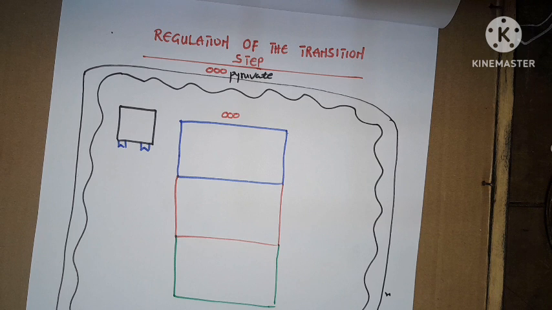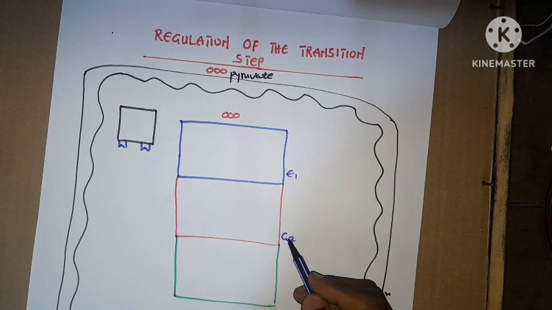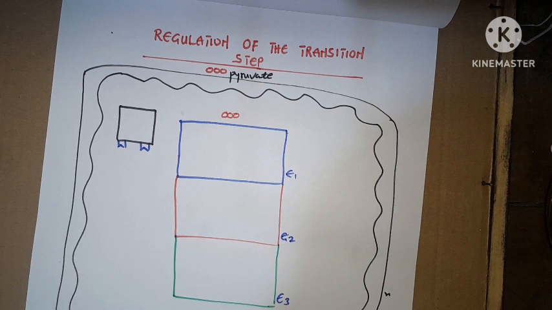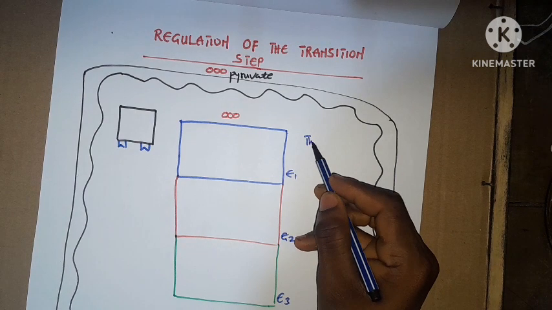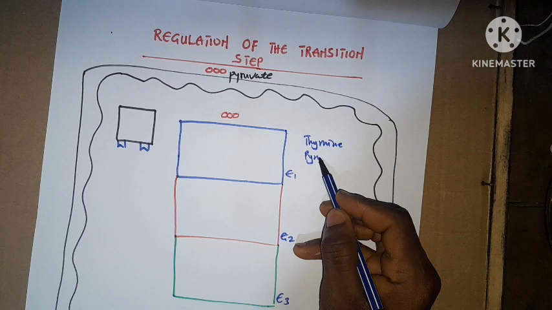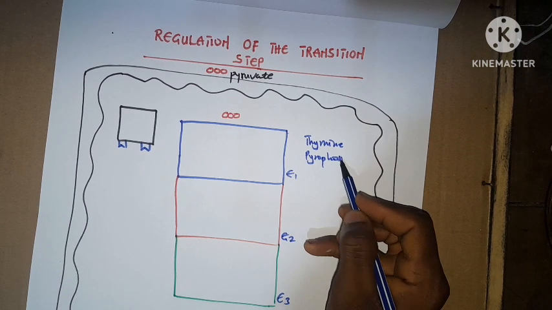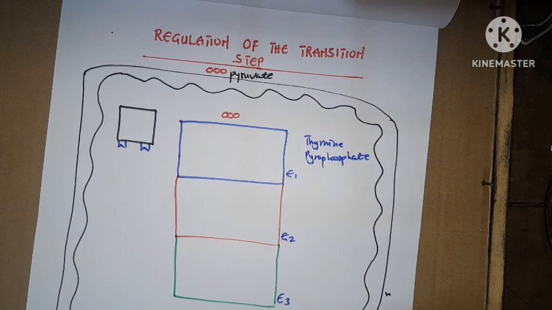So the name for enzyme 1 is thiamine pyrophosphate. This is enzyme 1, enzyme 2, enzyme 3, and enzyme 1 is called thiamine pyrophosphate. That's enzyme 1.